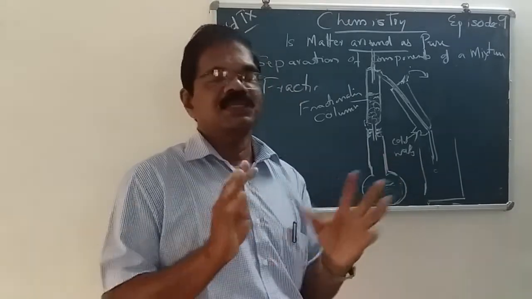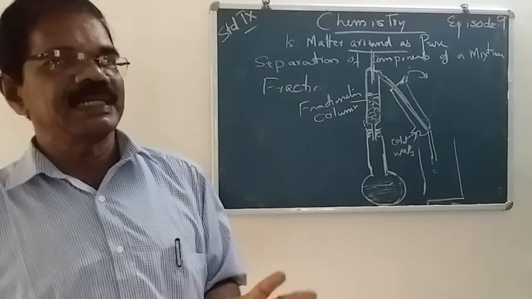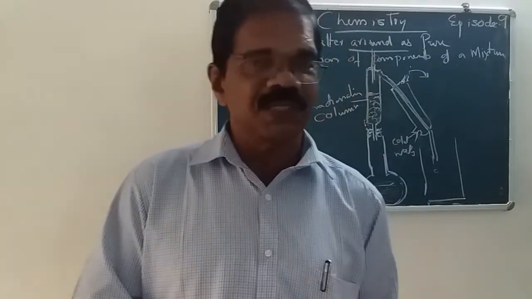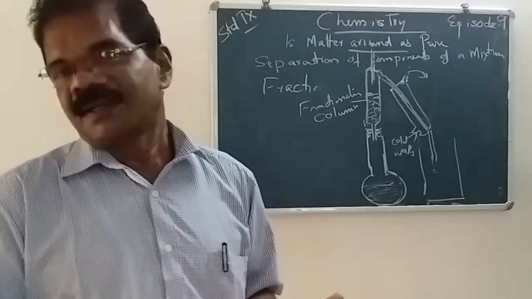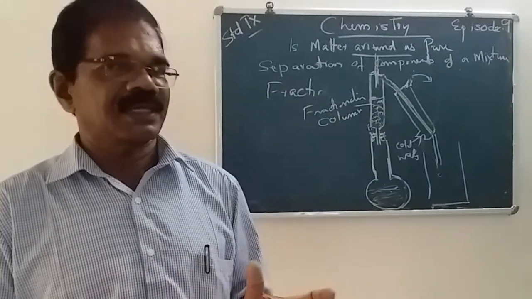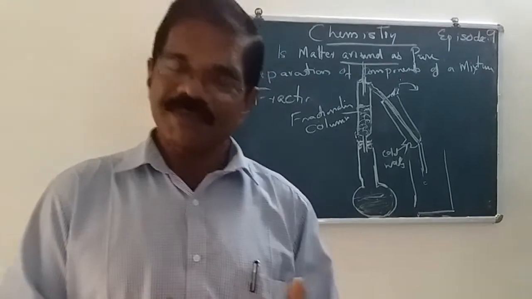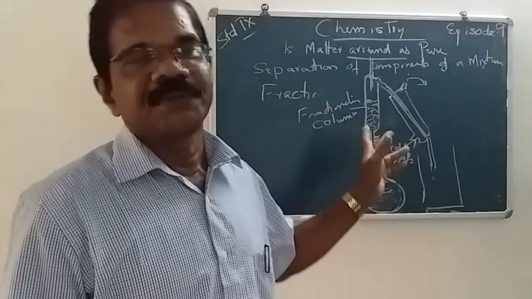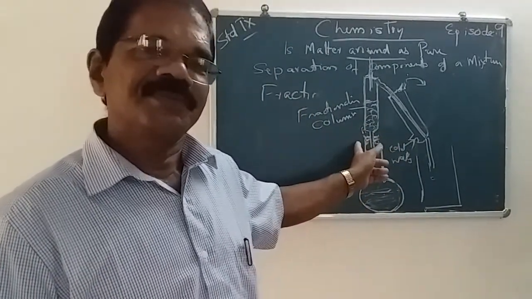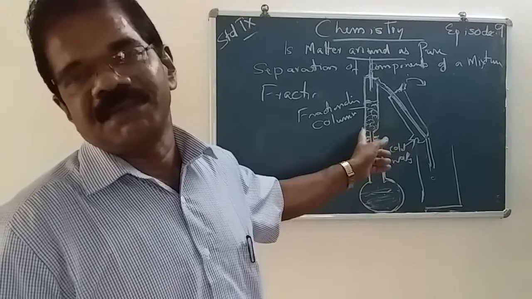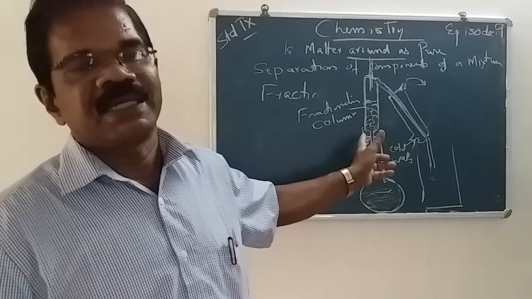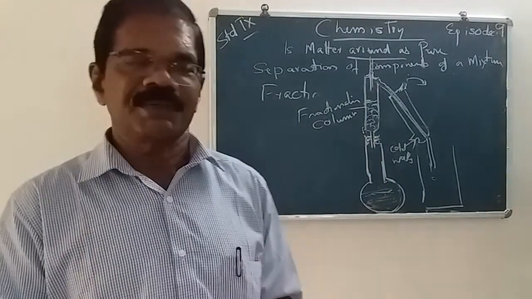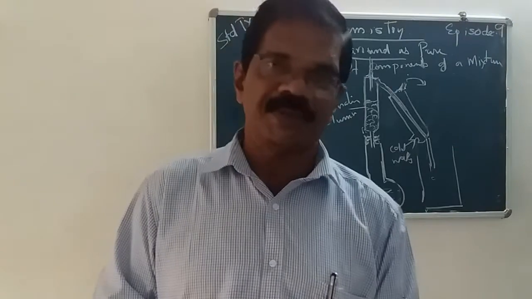Then compare these two processes, distillation and fractional distillation. Distillation is used for separating two miscible liquids where the difference in boiling point is above 25 degrees Celsius. At the same time, fractional distillation is used for separation of more than two miscible liquids where their boiling points are very close to each other, and the difference in boiling point is below 25 degrees centigrade.